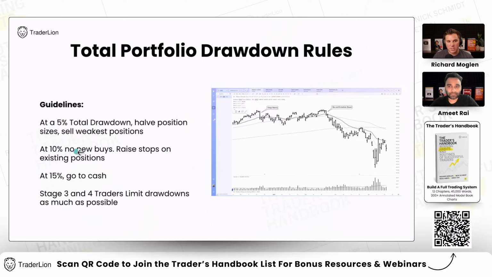So at 10%, no new buys, raise stops on existing positions, and at 15%, just go completely cash and watch. Because a 15% drawdown in your account, it's definitely significant. It hurts a lot, but it's recoverable, right? And the whole point for these guidelines, drawdown rules, is to prevent a 20% drawdown, 25% drawdown, 30% drawdown, 40% drawdown.